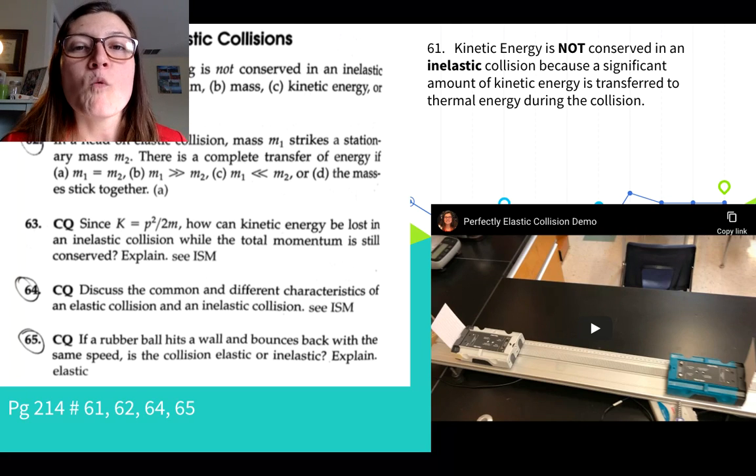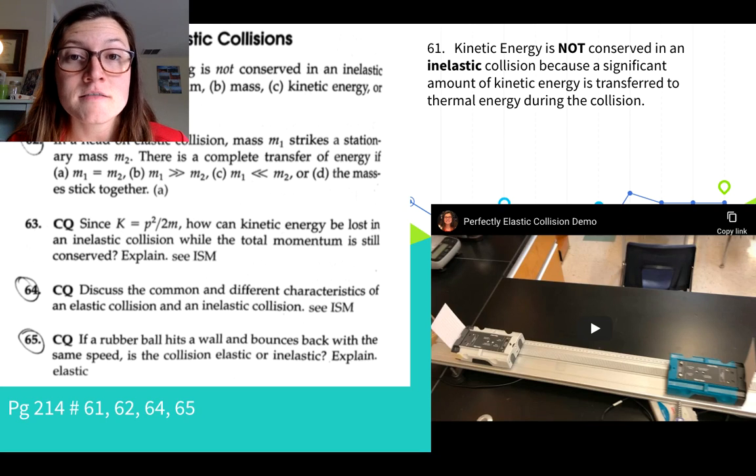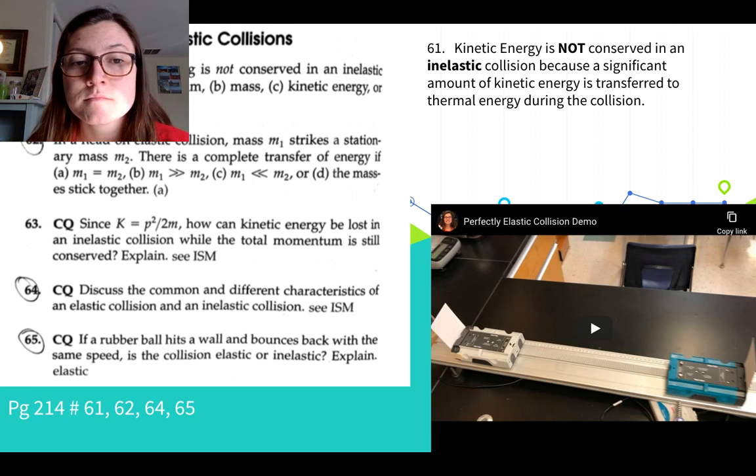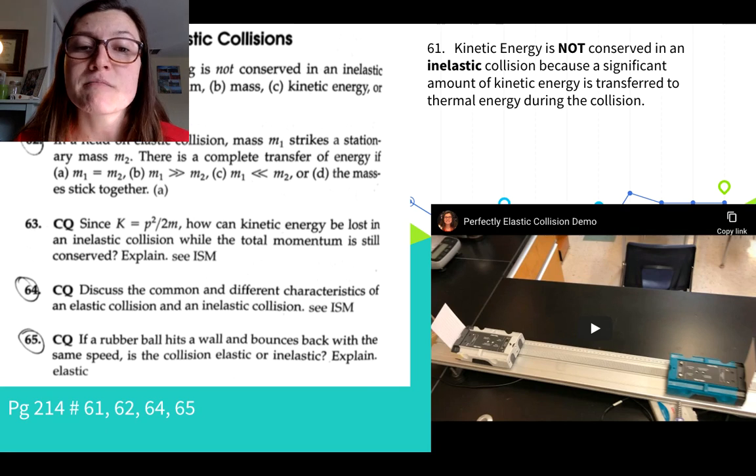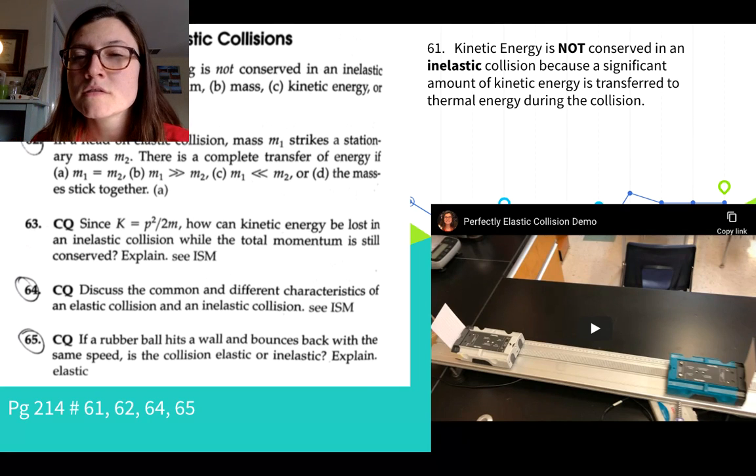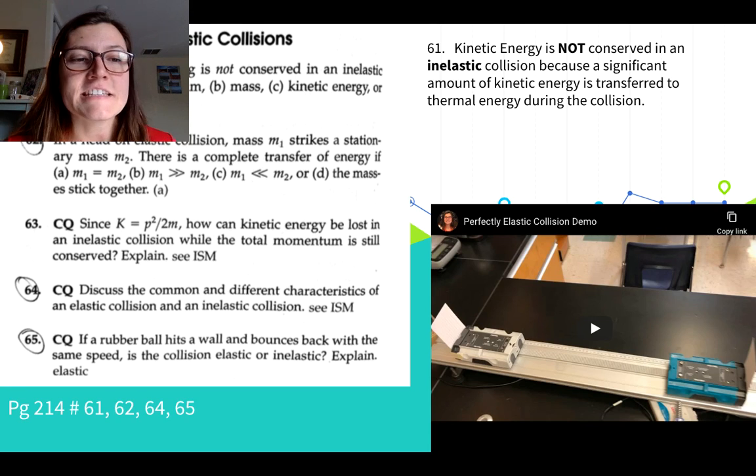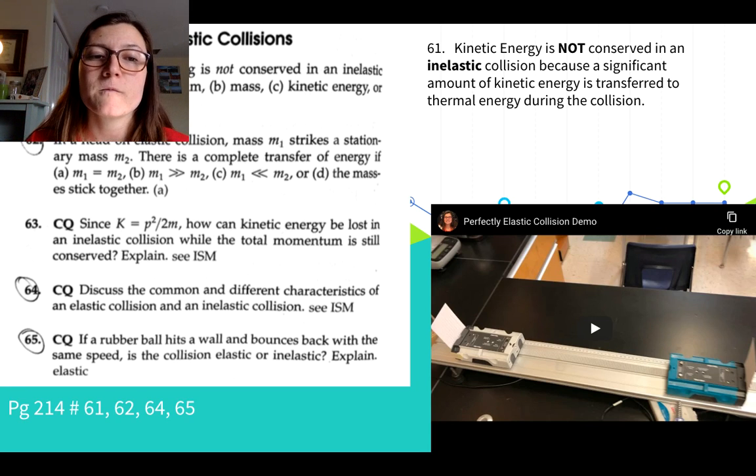B, M1 is a lot greater than the mass of object 2. Choice C is that mass 1 is significantly smaller than mass 2. And our last option is that the masses would stick together.